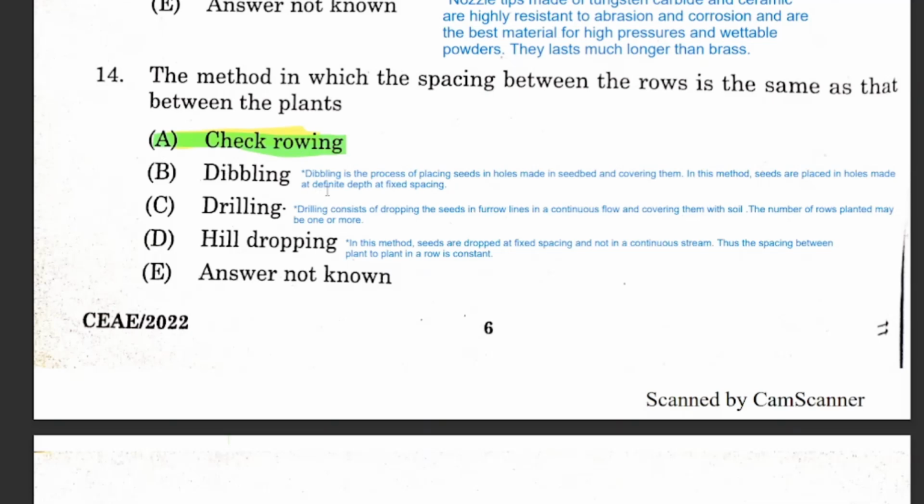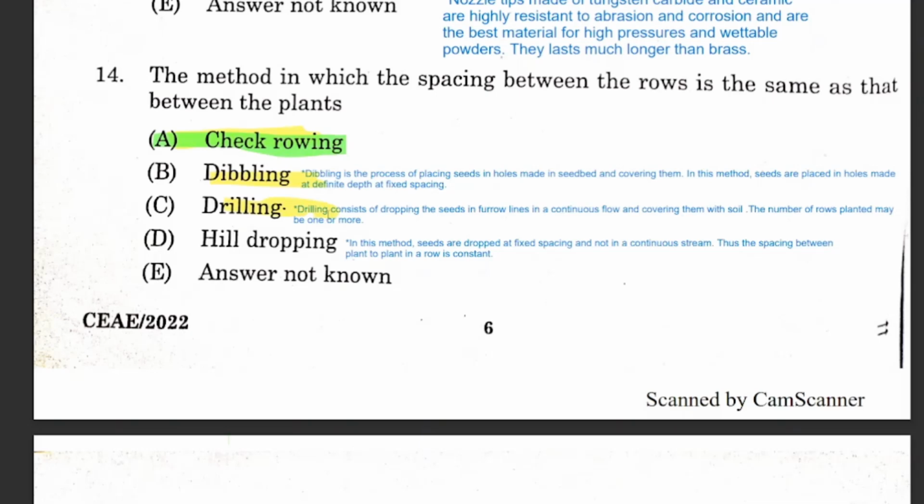Dibbling means the process of placing seeds in holes made in the seedbed and covering them. In this method, seeds are placed in holes made at a definite depth at fixed spacing. Drilling consists of dropping the seeds in furrow lines in a continuous flow and covering them with soil.